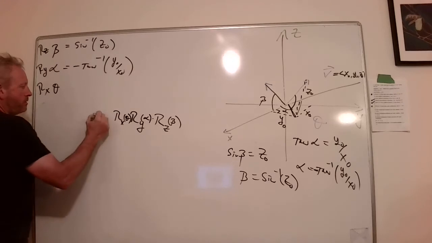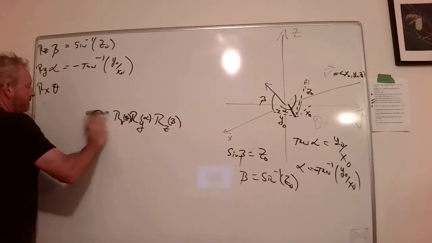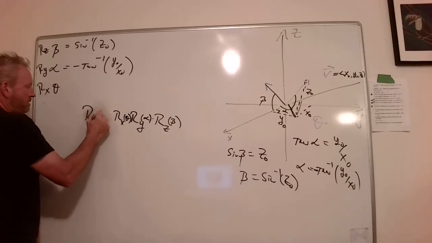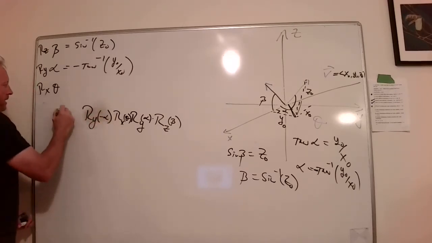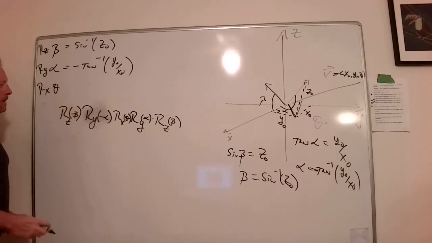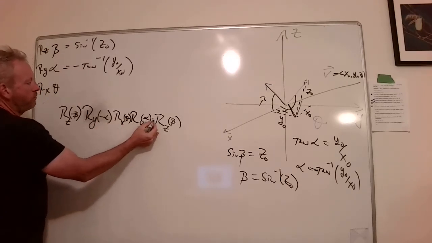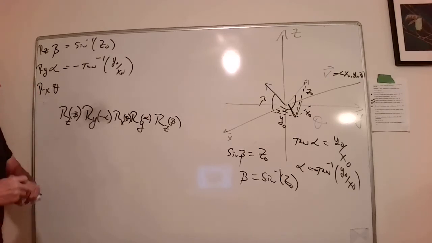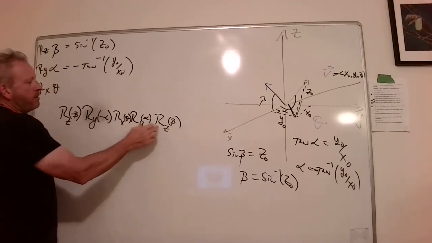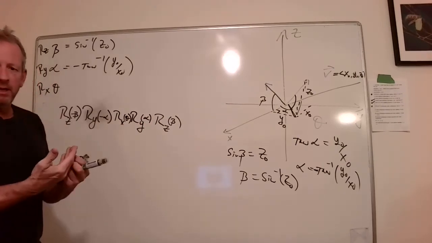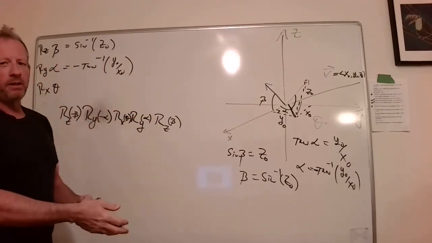And then we rotate about the y-axis using negative alpha, and then we rotate about the z-axis using negative beta. I don't know whether it's useful to put the dots in here or not. I don't think it's really adding anything. So this is a 3x3 matrix, 3x3 matrix, 3x3 matrix, and so on. Every time you multiply 3x3, as we talked about, you get a 3x3.